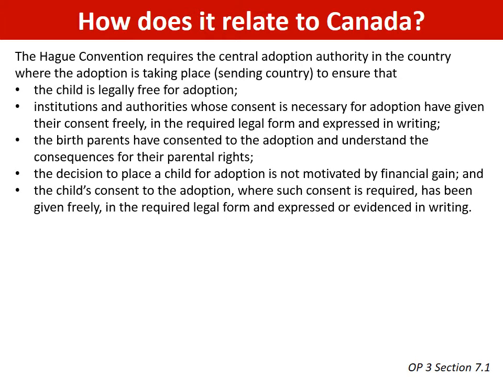One of those things is to make sure that the child can be adopted, so legally, the child is able to be adopted. There are institutions and authorities that are specifically in charge of adoptions in countries that are Hague Convention signatories. What these authorities do is make sure that the sending country is following what they need to follow as signatories of the Hague Convention.